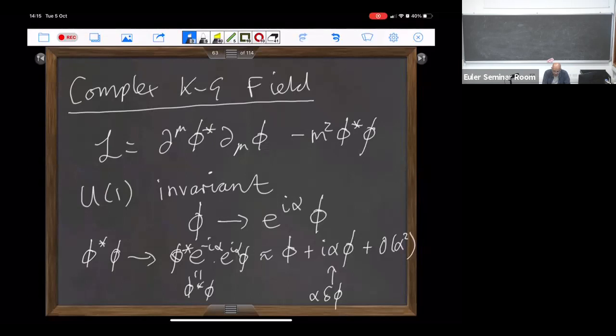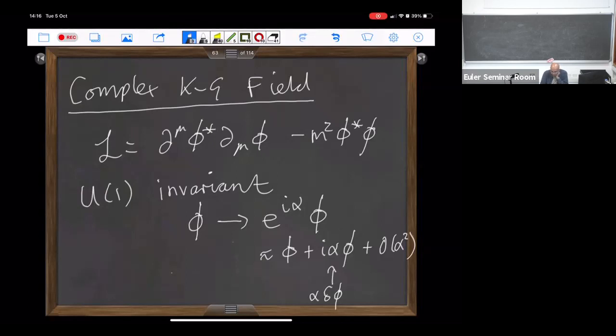And similarly, the derivative term is the same because alpha is independent of the coordinates. And you get the same invariance properties. So this is why this system has a symmetry under phase rotations.